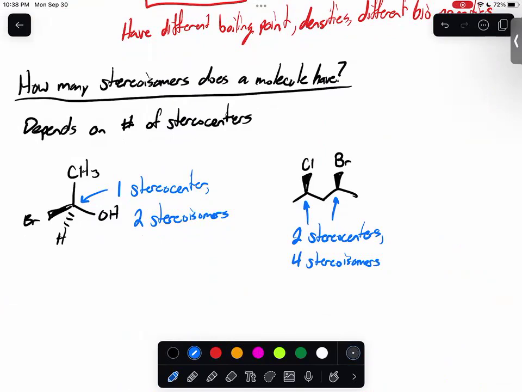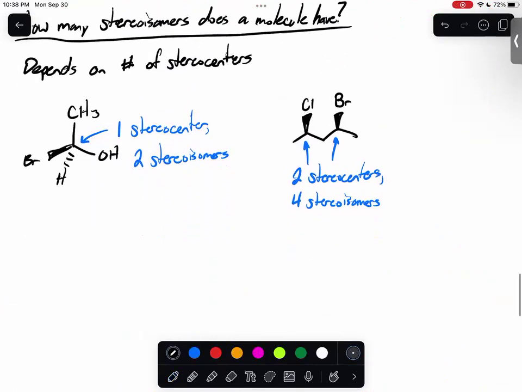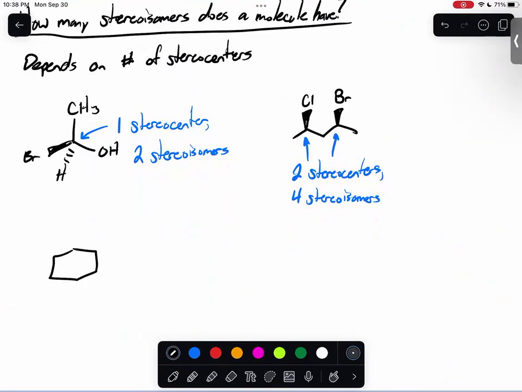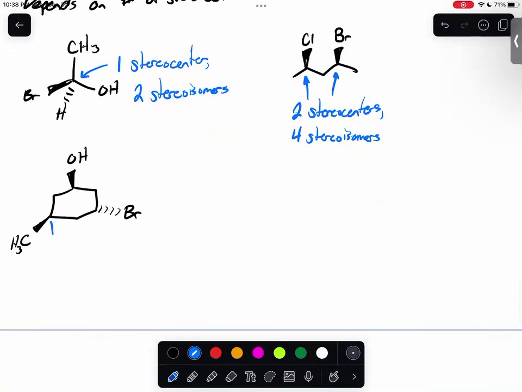So the question becomes, what happens if we have a third stereocenter? Let's take an example of something that you might see as a chair conformer. For something like this, we have a stereocenter there, there, and there. For three stereocenters, if you were to draw all of these out, you would find that it is eight stereoisomers.